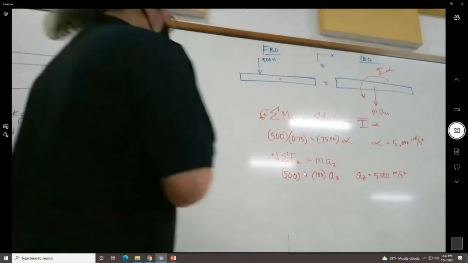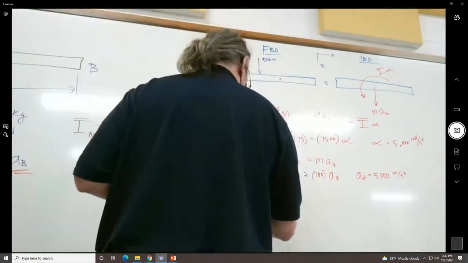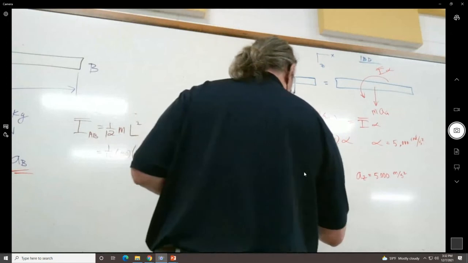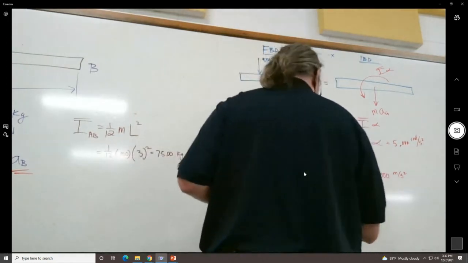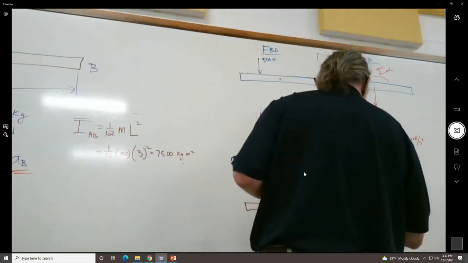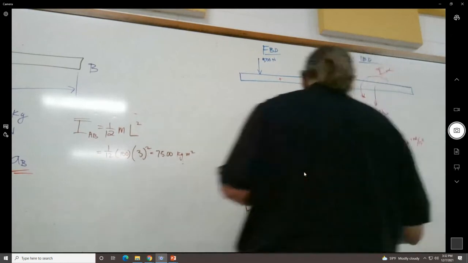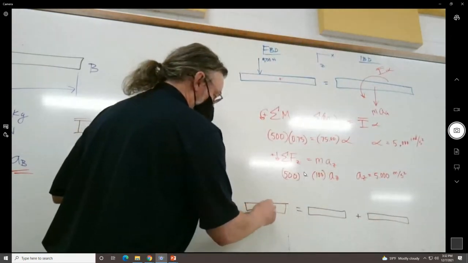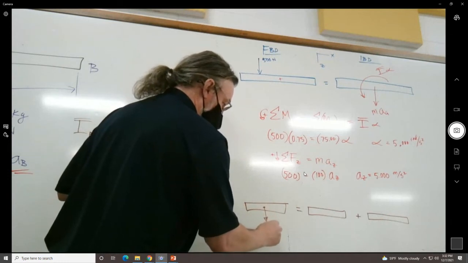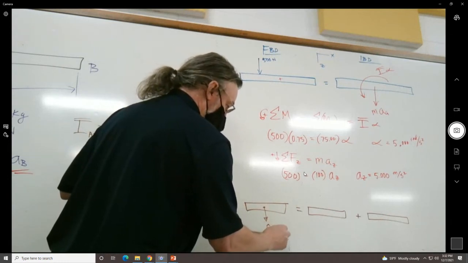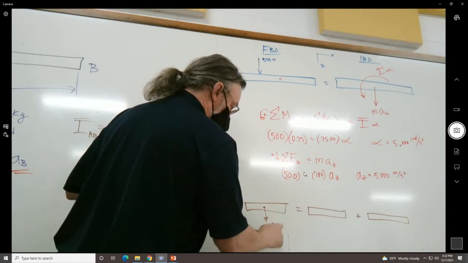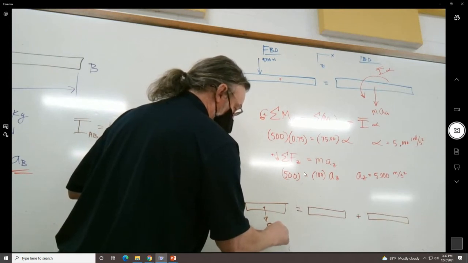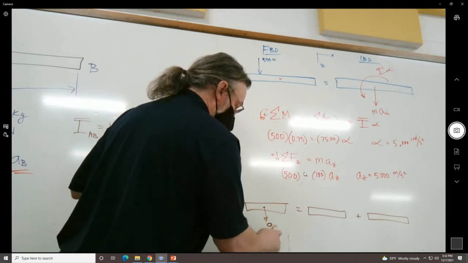So what we do is our three diagram method. All we know right now is that right there is 5. Let's call this the acceleration of G. I was thinking B, sorry.